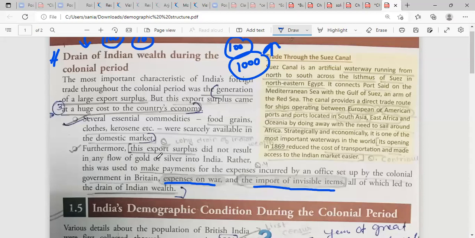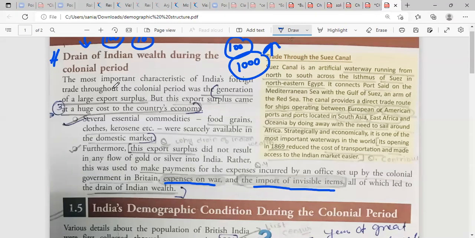And next, whatever money was coming from export, Britishers were using that money for their own purposes: for office setup, for expenses on war, for imports, paying tariff and all that. That's why there was a drain of Indian wealth. Clear, everyone? Yes. Okay.